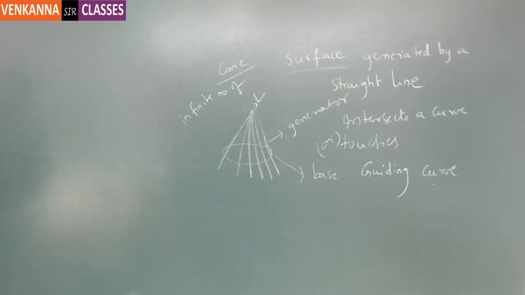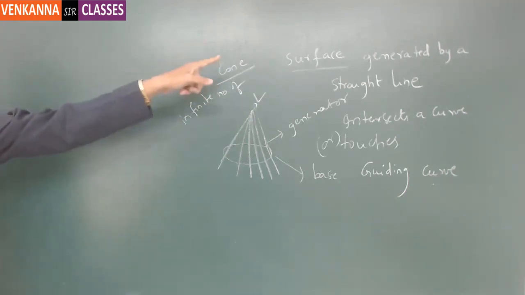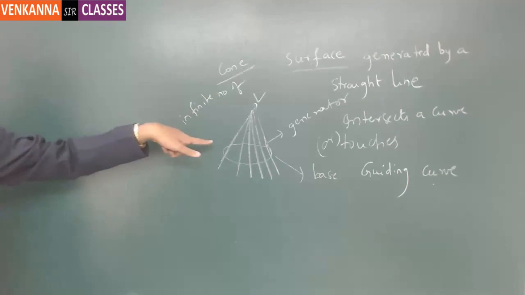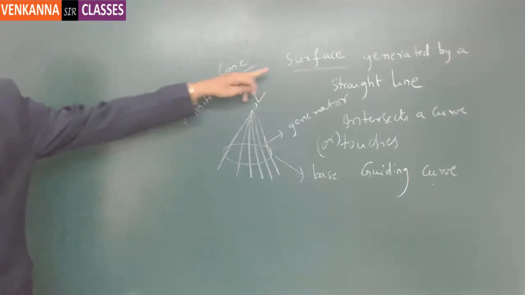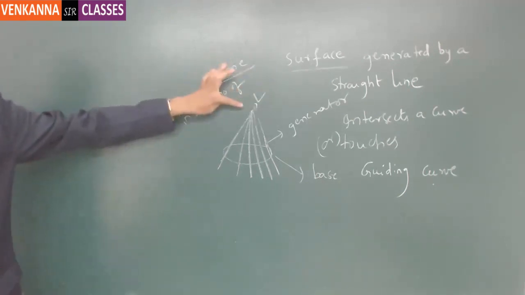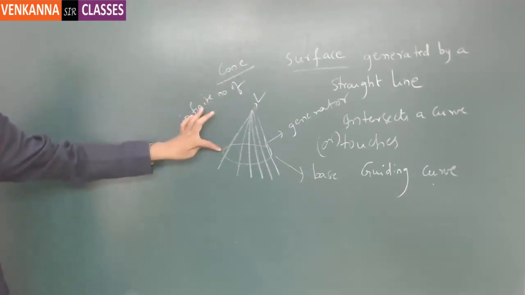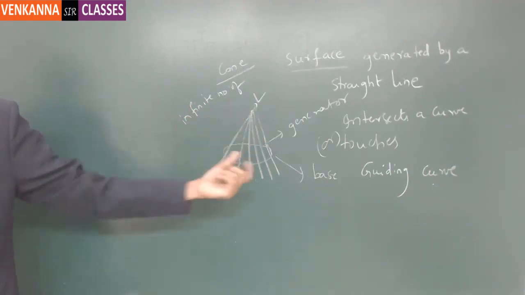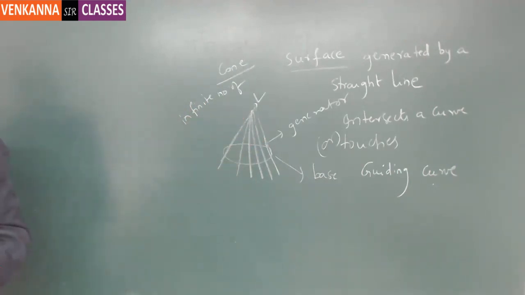Any questions or any doubts for anybody? In a simple way, a cone is a surface generated by a straight line. Every straight line on it passes through a fixed point and intersects a given curve. This given curve we call the base curve or guiding curve.